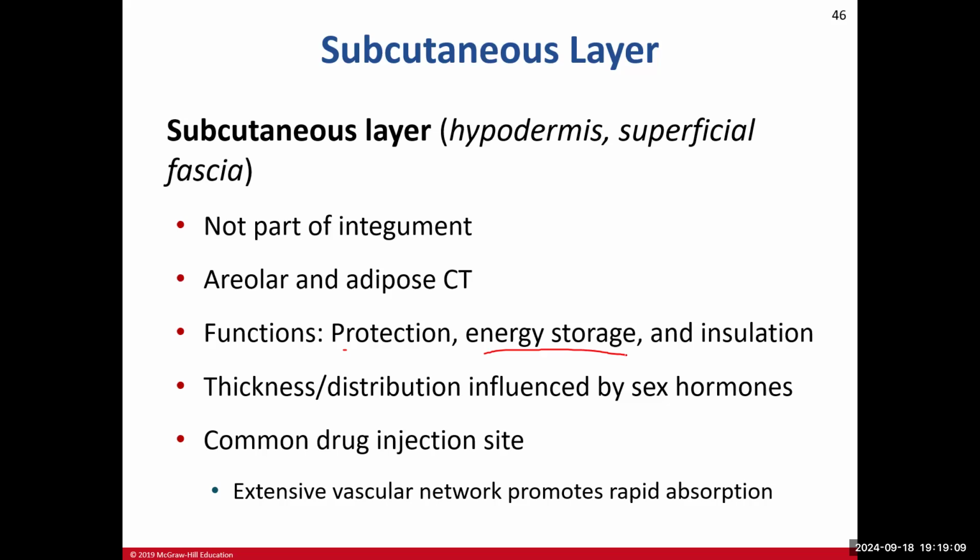And then, because of that, we get cushioning, which helps with protection and insulation. And now, obviously, males put adipose tissue in different places than females do. Right? So where your adipose tissue is distributed is going to be determined by whether or not you're XX or XY. That's just essentially how it is.